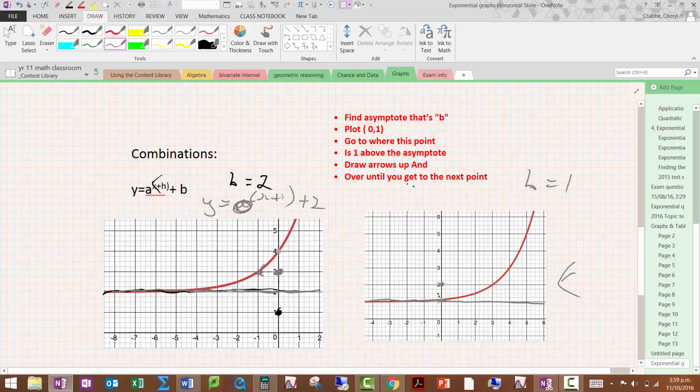We move from there to here, and then we go over, and wherever that ends up, that's going to be my h. So that's +3, so h is plus 3, so we write it in the equation y is equal to a, and it's going to be the opposite, x minus 3, and that's plus 1, up 1. And that's how it works.